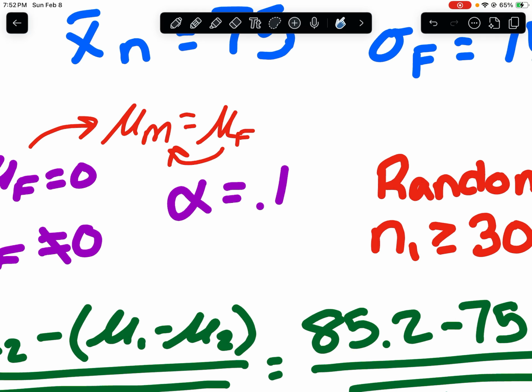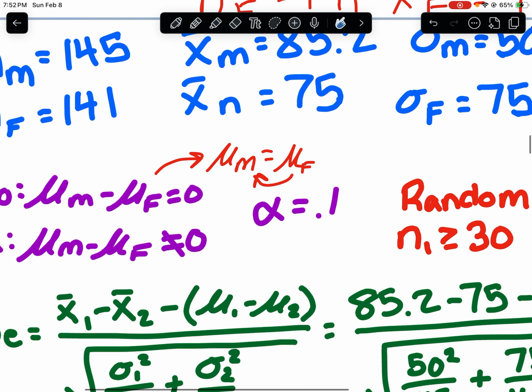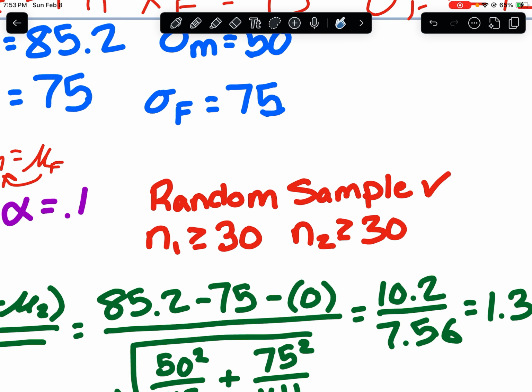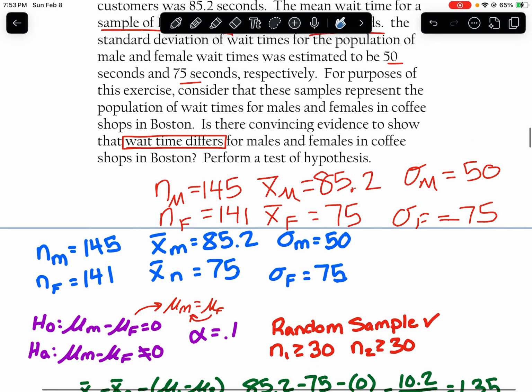Just like chapter 10, if we aren't given a significance level or an alpha value, we're going to assume it's 0.1. So here I just made a note that alpha is equal to 0.1. Before we get too far here, we should check the random sample and n greater than or equal to 30 for both groups.